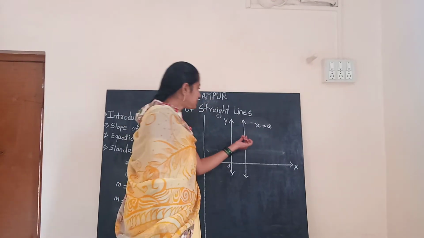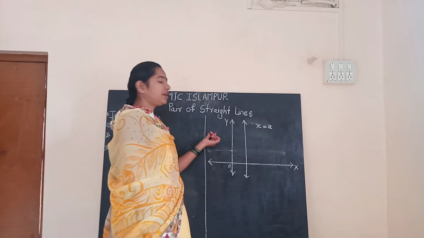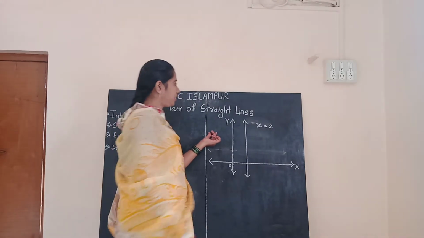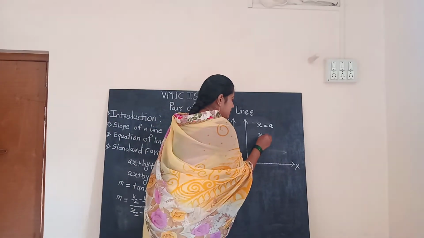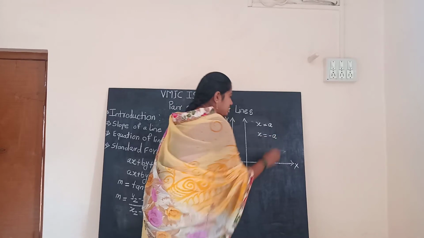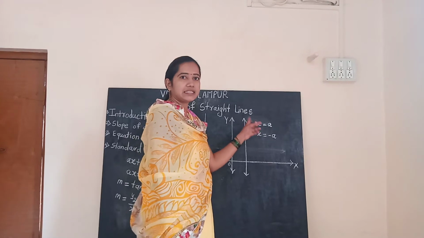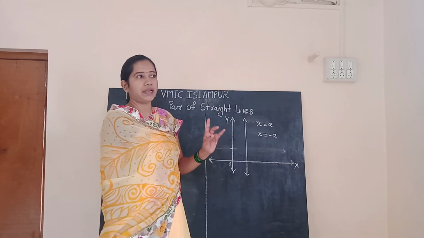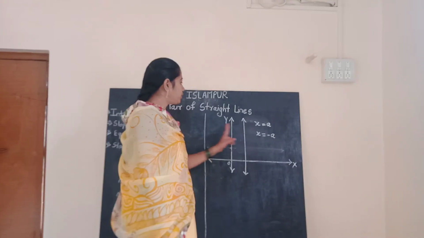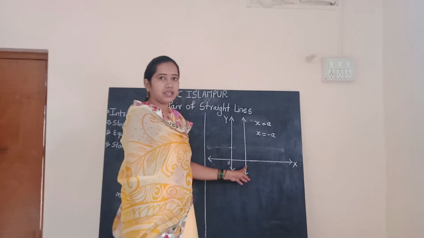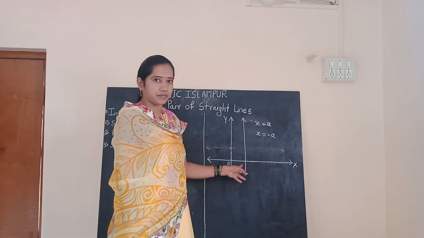And if this line is on the left side of the y-axis, then the equation is x is equal to minus a. This plus a, minus a, plus b, minus b depends on the quadrant of the xy plane.